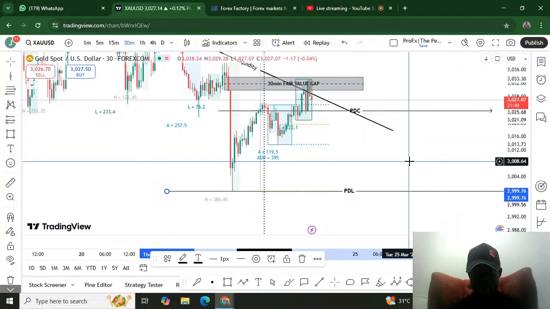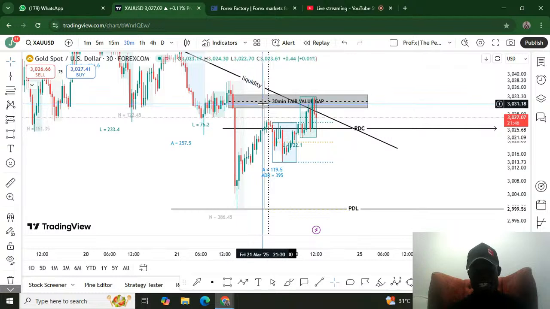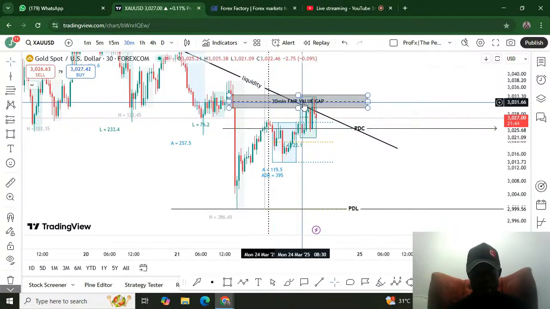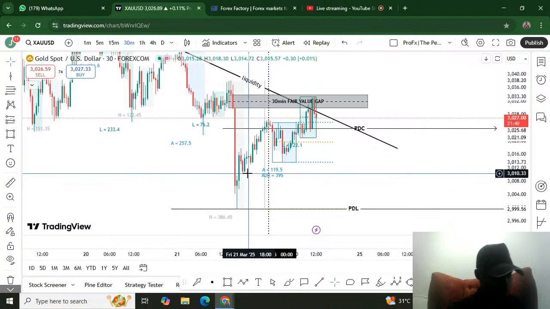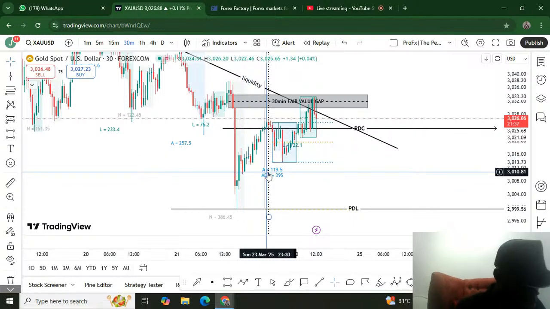What we are expecting today is that price has respected our fair value gap. Now I'm already selling. I've started selling from here and placed my sell order already. So I'm already on this position.